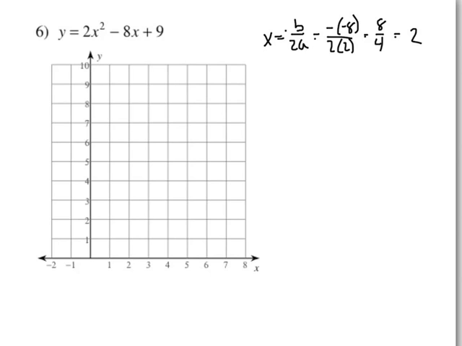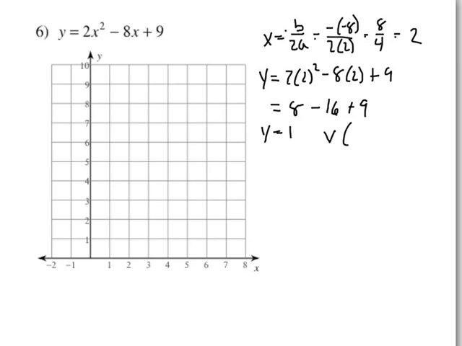Plug that back in. y equals 2 times 2 squared minus 8 times 2 plus 9. 2 squared is 4 times 2 is 8 minus 16 plus 9. So our y value is 1. Our vertex is then at 2, 1.